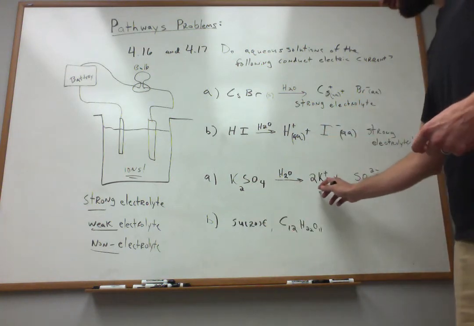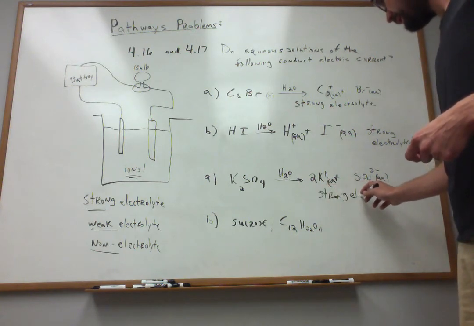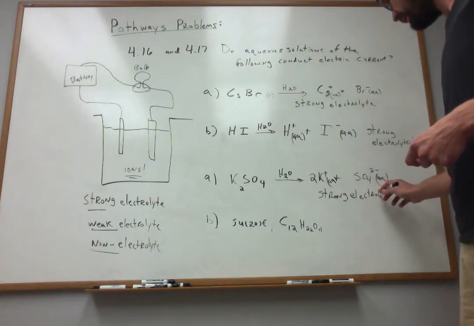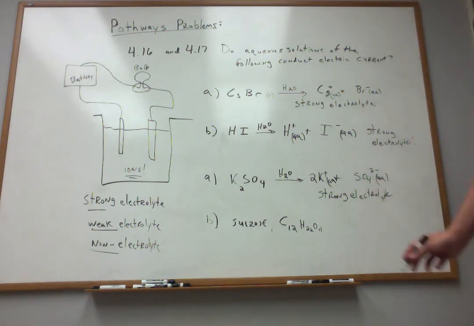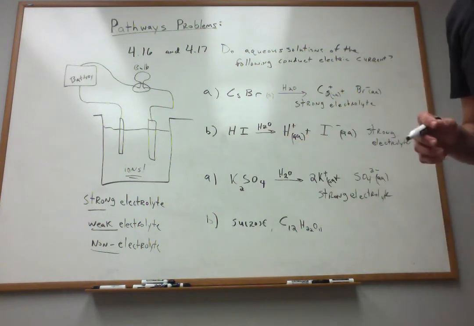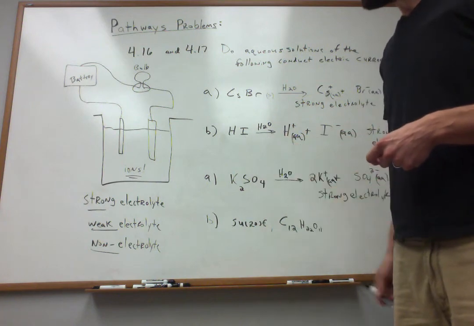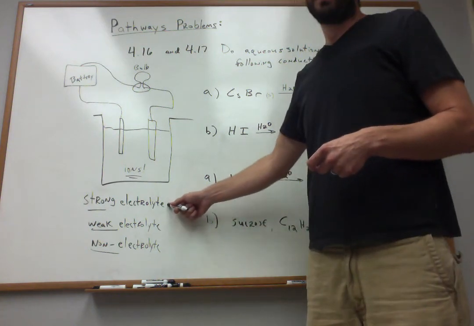This is also a strong electrolyte because I've made these ions. So the moral of the story is that if you've got an ionic compound that is soluble, or a strong acid or base, you've got a strong electrolyte.